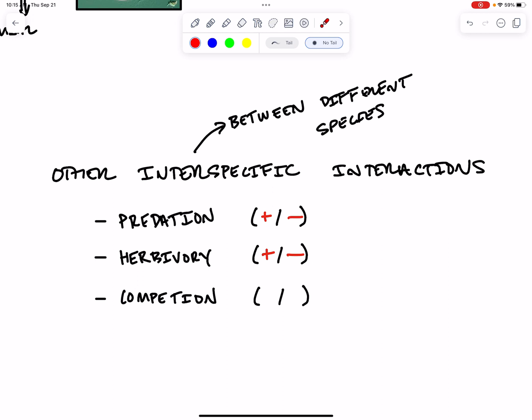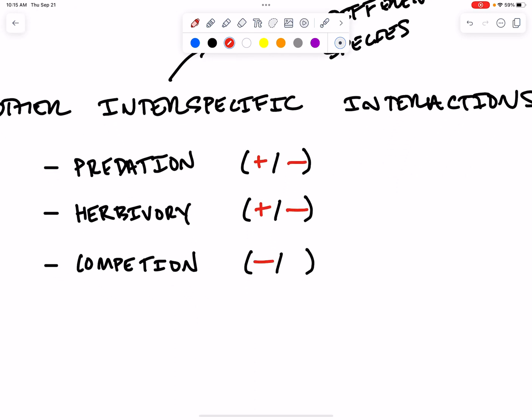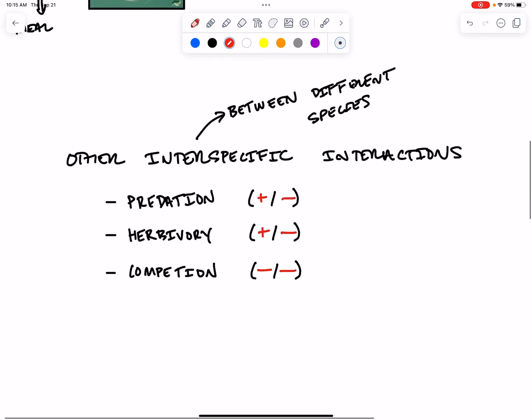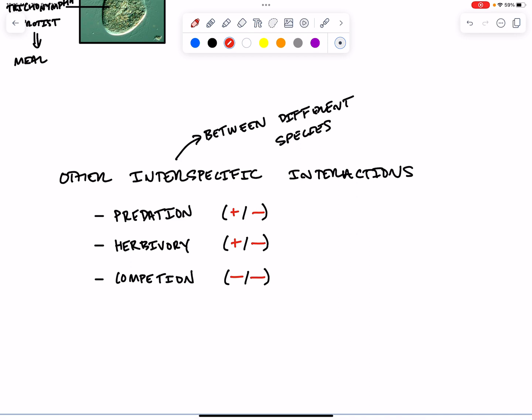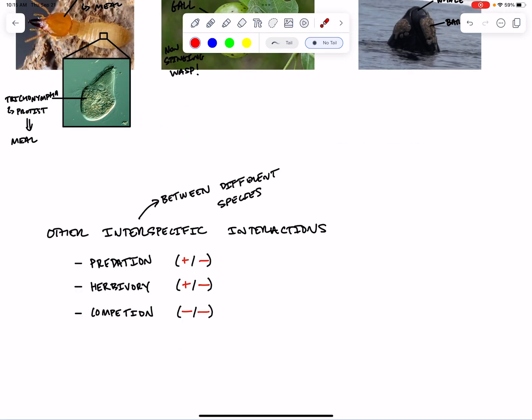If you have a bird feeder, you might notice that there are many different types of birds that are all eating the black oil sunflower seeds. This is an example of competition. Competition across different species is usually bad for both of them. They're both competing for the same limited resources, so they're both negatively affected by competition.